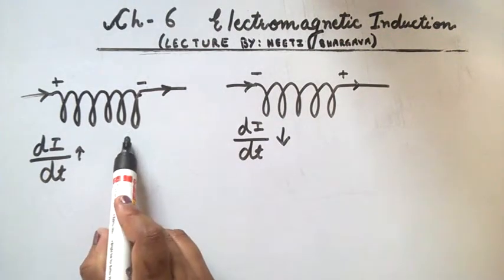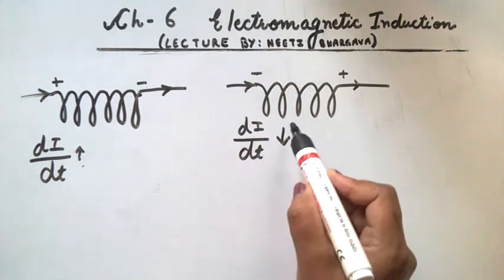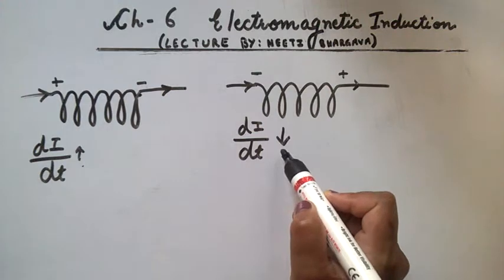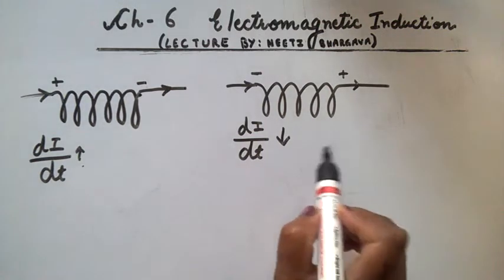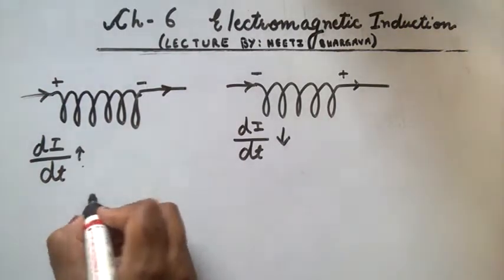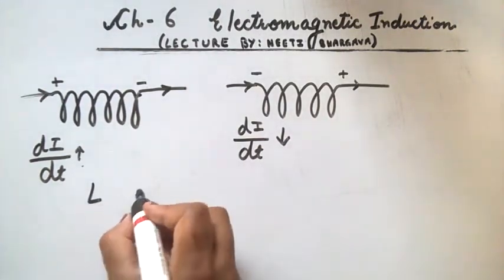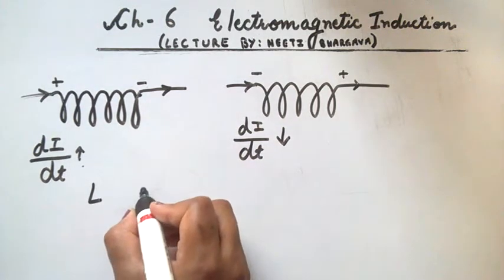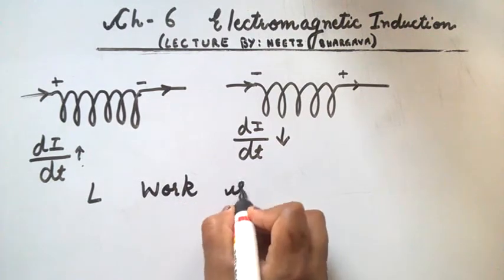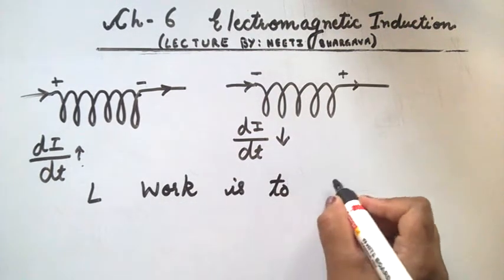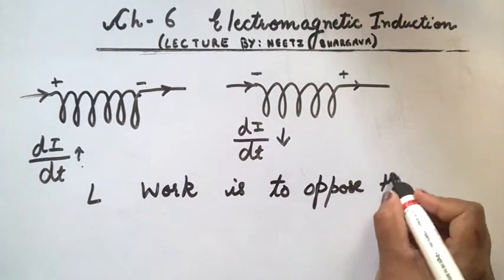Self-inductance opposes the increase in current, and here it is opposing the decrease in current. It tries to stabilize current. Thus, the work of an inductor, or self-inductance, is to oppose the change in current.